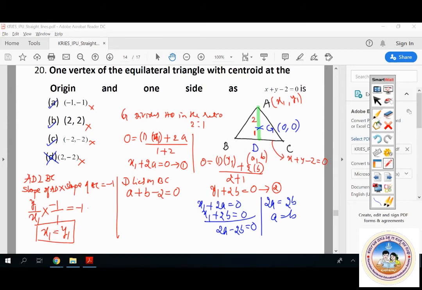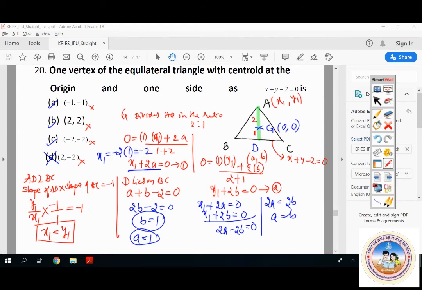So here we substitute a equal to b back into the equation: 2b minus 2 is equal to 0. Obviously b is equal to 1, correct? Since b is 1, a also becomes 1. So if you use the first equation, x1 is equal to minus 2 into a, a is 1, it becomes minus 2.